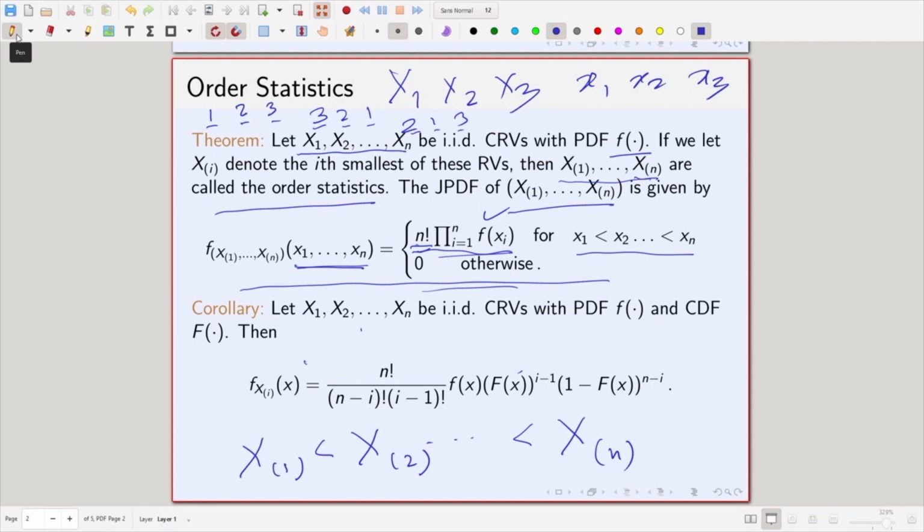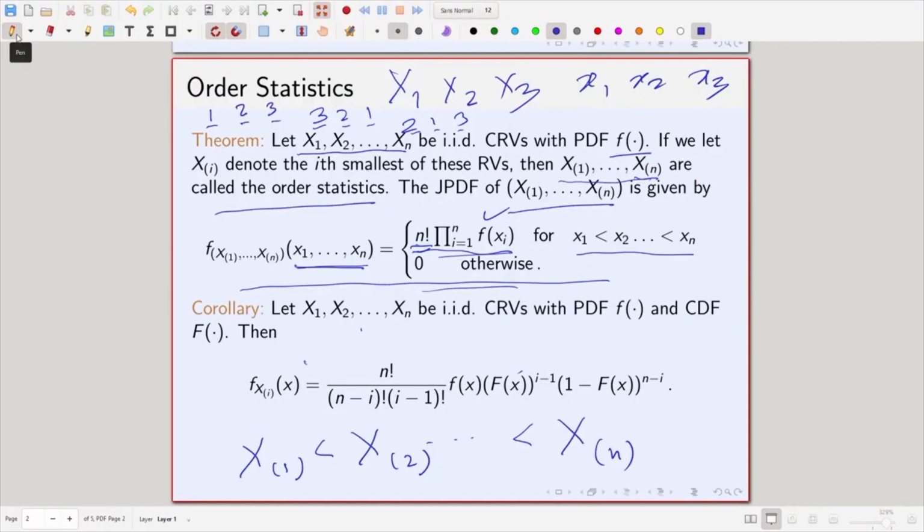You have to just integrate out the remaining variables. But here the integration can be complicated, so we will not do it, but in principle you know how to find the marginal density when you are given the joint density.